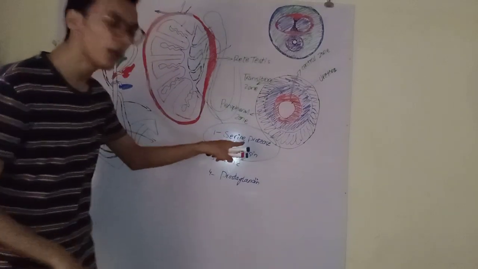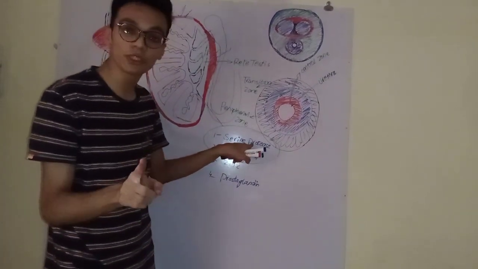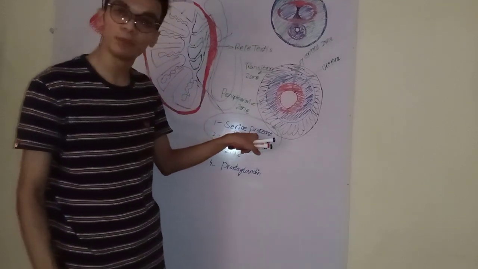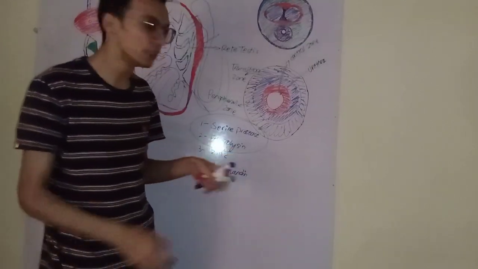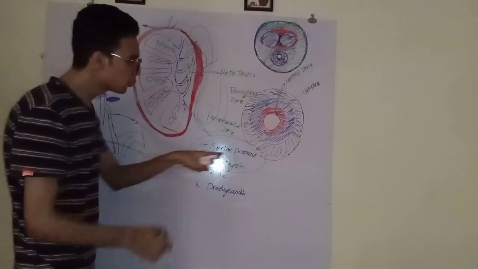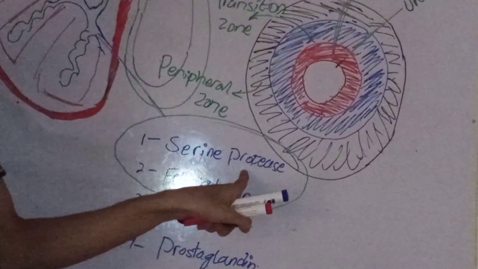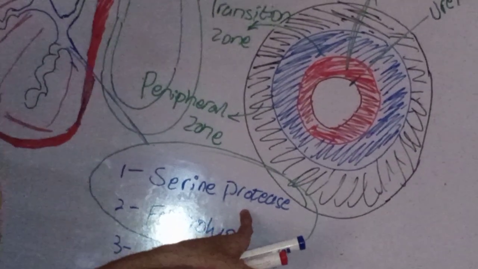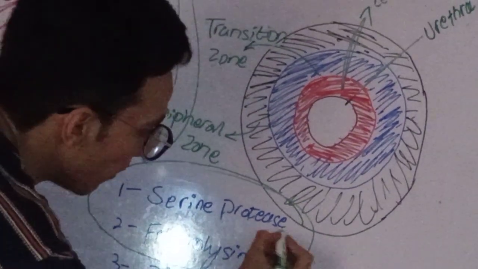We have to discuss two clinical conditions related to serine protease and fibrinolysin. The usual level of serine protease in the male seminal fluid is 4 nanogram.